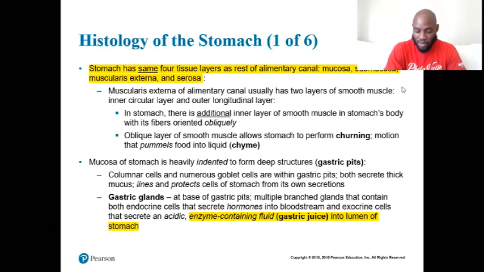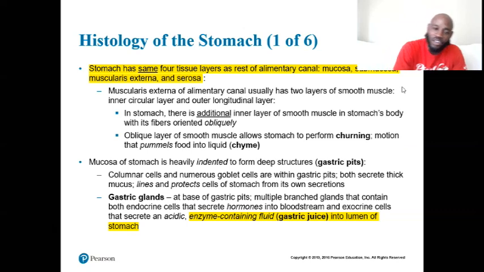The muscularis externa of the alimentary canal usually has two layers of smooth muscle, inner circular and outer longitudinal. There's an additional inner layer of smooth muscle in the stomach's body, but this fiber is oriented obliquely. This oblique layer of smooth muscle allows the stomach to perform a churning motion, which helps pummel the food into a liquid called chyme.